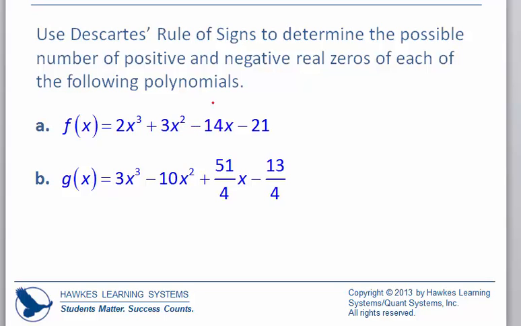Then we change to a negative 14. So right here, we have a sign change. It goes from being positive to being negative, and then it stays negative. So we actually only have one sign change in the original function. I'm going to make a note of that. We have one sign change in f of x.